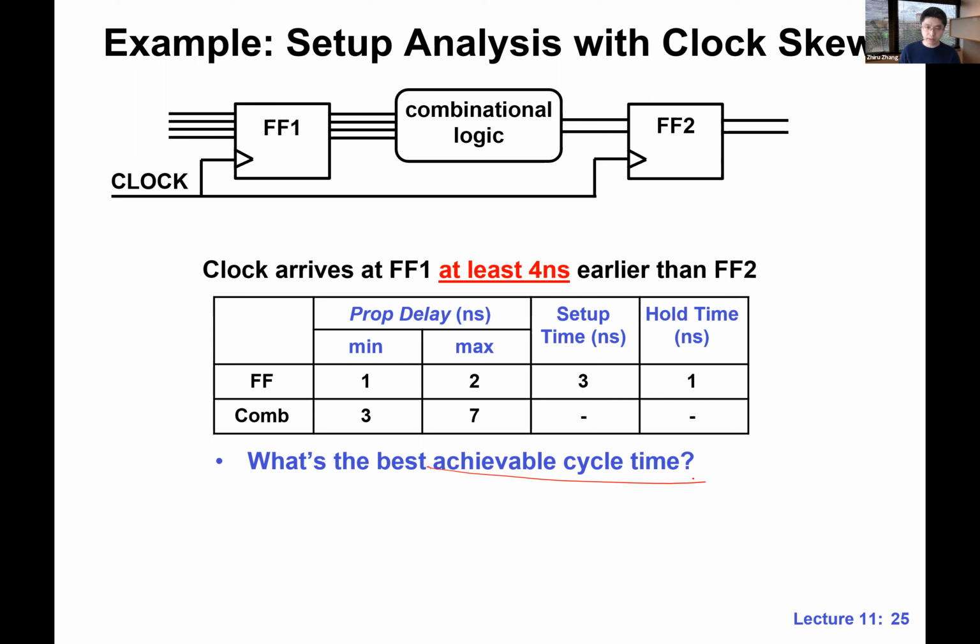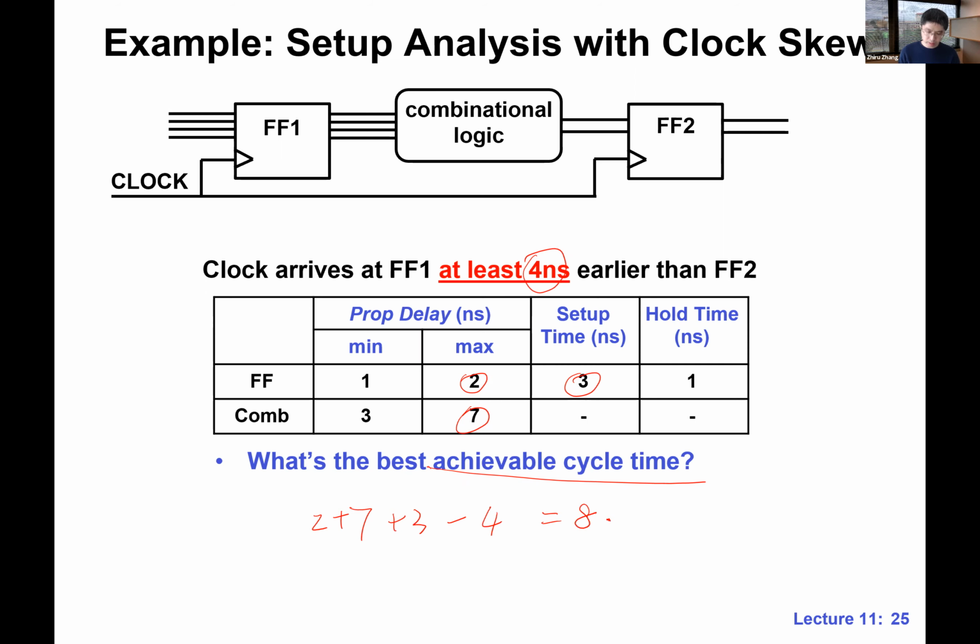Very good, 8. Why is that? We pick out these numbers. We look at setup time, and of course the skew is here. So this is the minimal skew. The arrival time is 2 plus 7. And we have the setup as well. Setup is 3, and we do a minus 4.